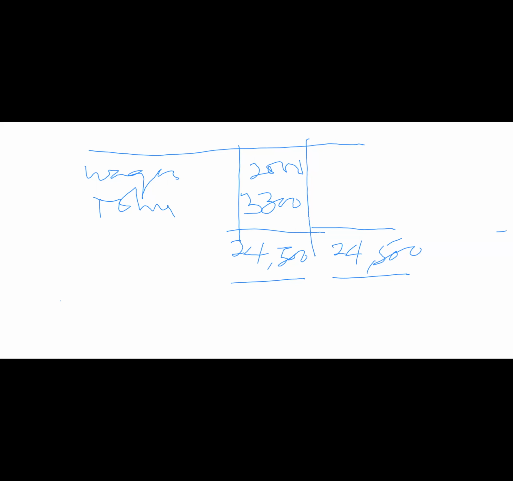From there, I can also explain the suspense account. So let me quickly explain the suspense account. A suspense account is used to record the difference between trial balance totals.